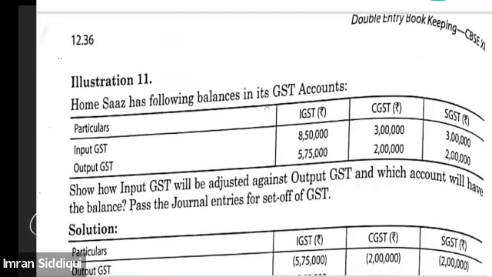We paid 8,50,000 at the time of purchase and output GST is 5,75,000. So this question is very much similar to the previous question, which I believe that you will be able to do on your own, right, everyone? Because this time as well, input IGST is greater than the output GST. So this is very much similar to the previous case. I think you can do it on your own. Shall we move to the next question, everyone?